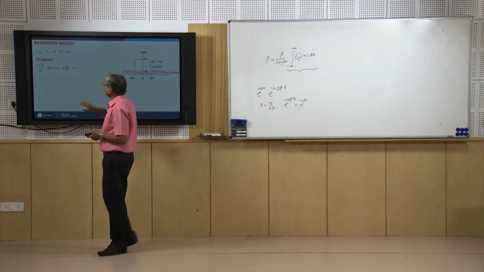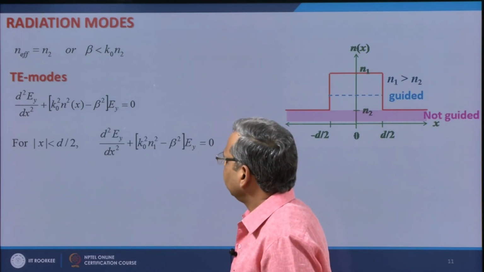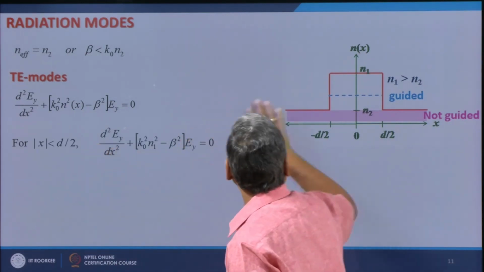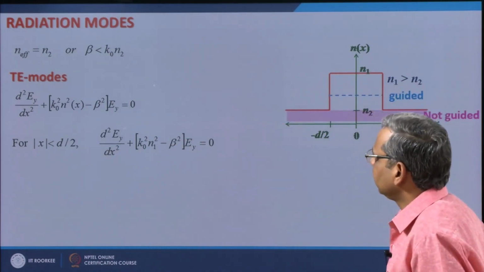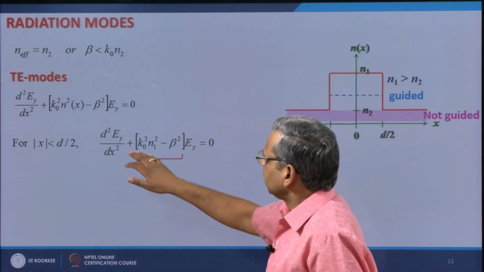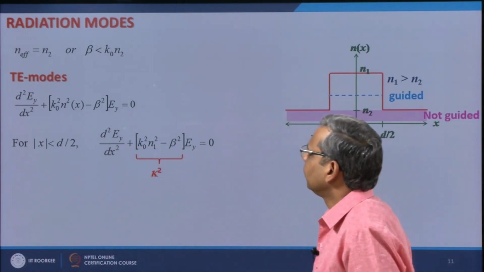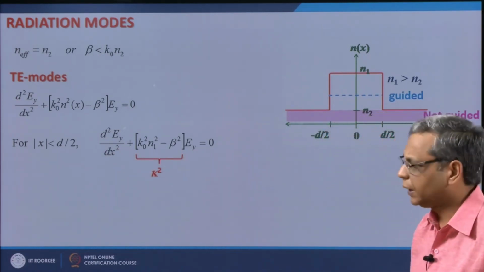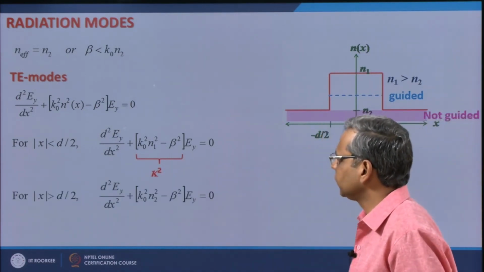If I write down the wave equation for TE modes in both the regions, then for mod x less than d by 2, I have this equation. Beta is less than k naught n2 and hence beta is also less than k naught n1, so kappa square is positive.